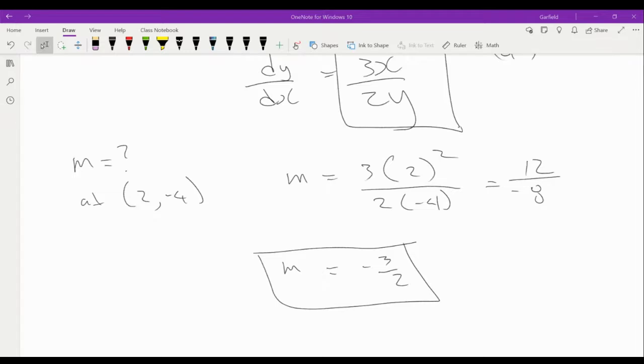So number 6 and number 7 are somewhat similar. Let's do number 9. Number 8 is similar to number 9, so I'm going to do number 9.